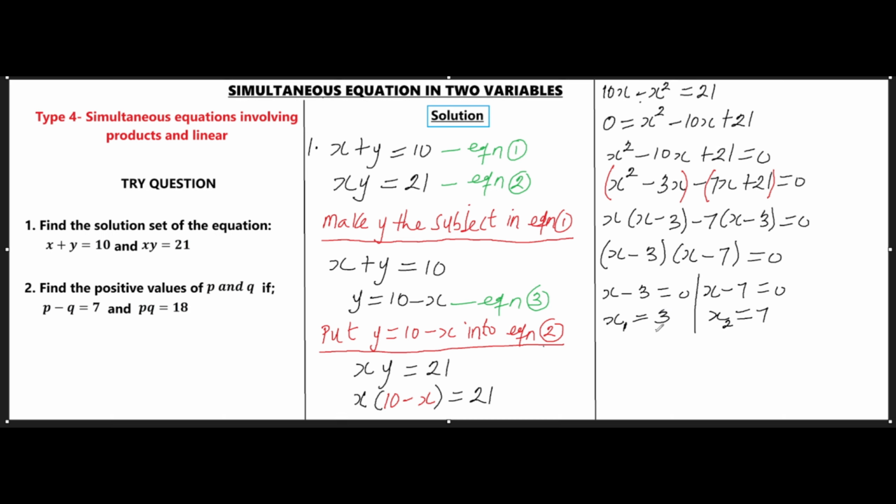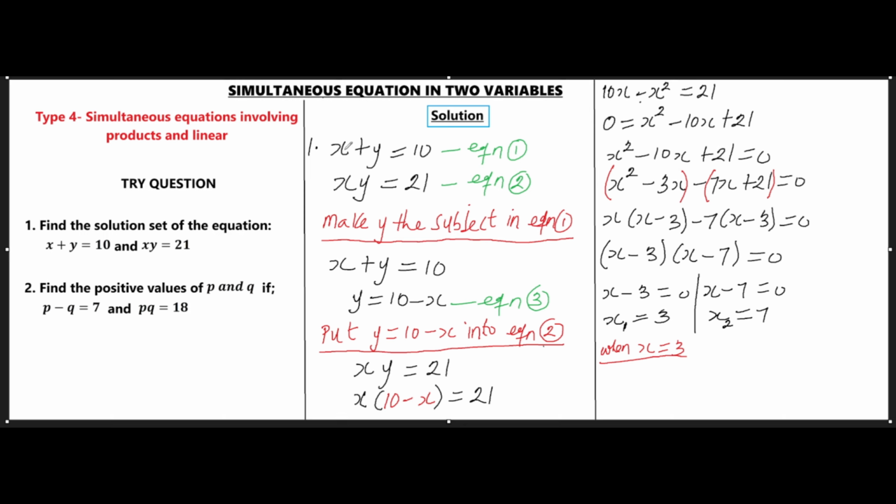So we also need to find the corresponding values of y. To find the corresponding value of y when x is 3, let's see. When x is 3, let's find the value of y. We can take the linear equation.